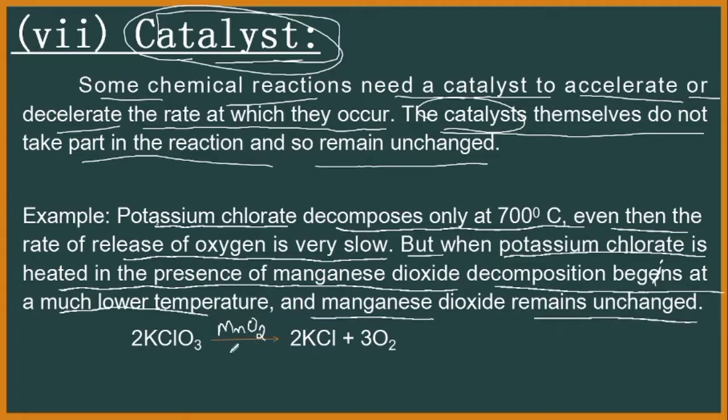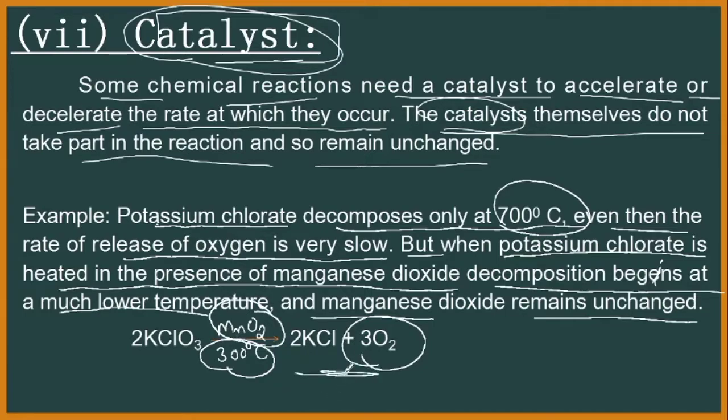This reaction takes place around 300 degrees Celsius. See, there is a decrease in temperature, and oxygen is released at a fast rate. This happens when we add the catalyst, manganese dioxide. After the reaction, the manganese dioxide remains unchanged, with no change in its composition. So these kinds of substances we call catalysts, which either accelerate or decelerate the chemical reaction.